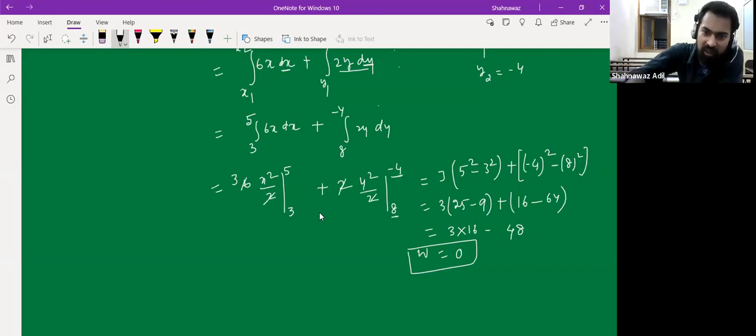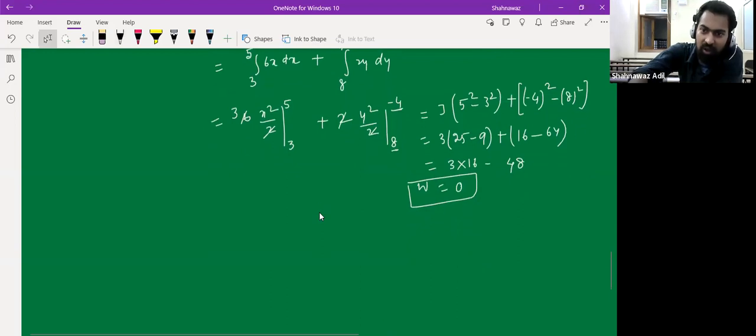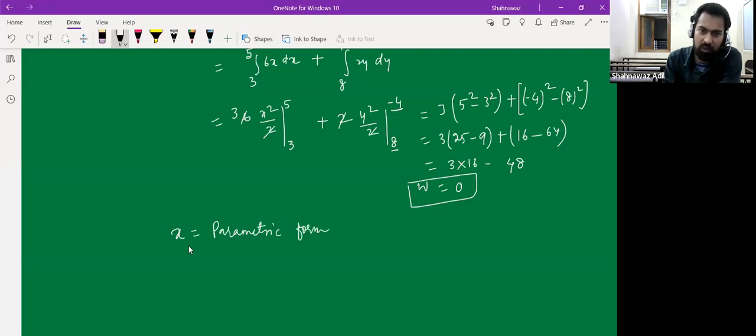And let's say you have a force or a displacement which is not in either of these two forms. Let's say you have a displacement in parametric form, so your x is varying with time. X, Y and Z are varying with time.